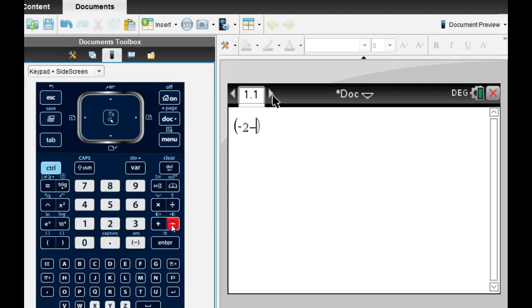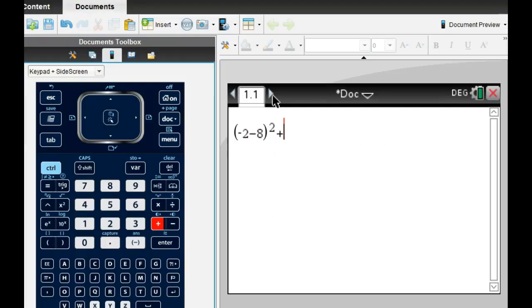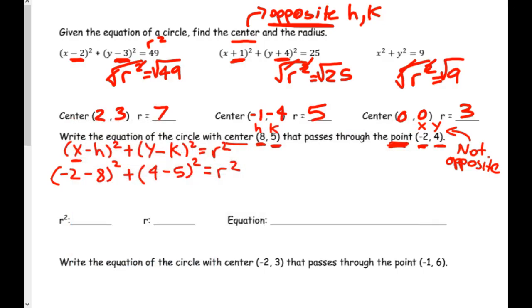Parentheses, -2 minus 8 squared plus parentheses, 4 minus 5 squared. If I can do all that in one step, I get 101, okay? So the answer to the first question, what is r squared equal to? r squared is 101, okay?